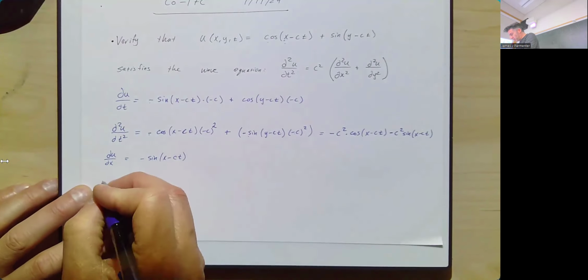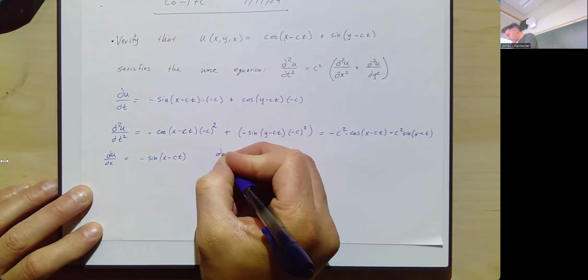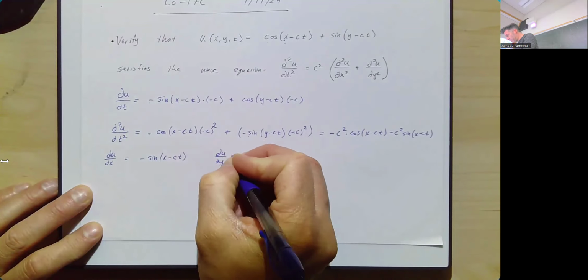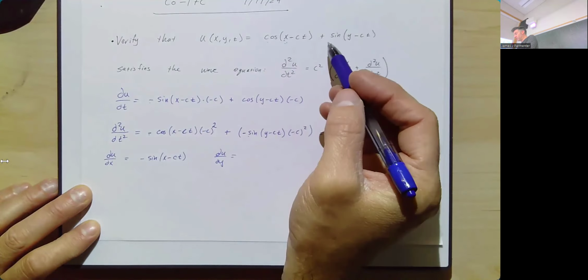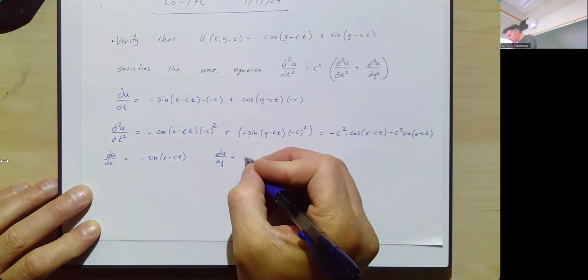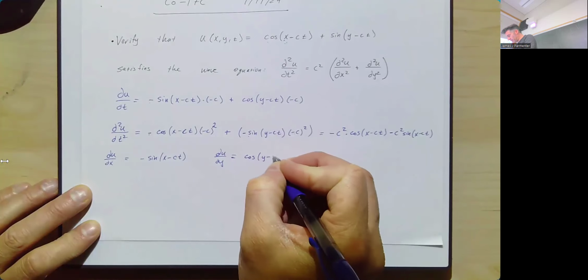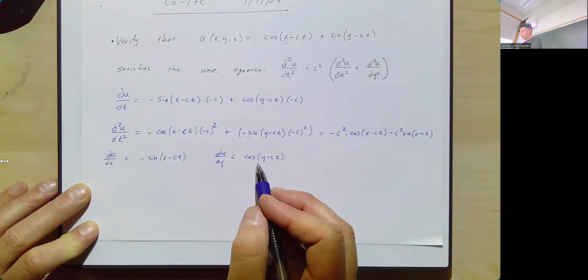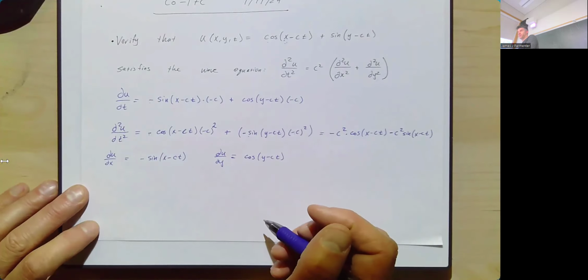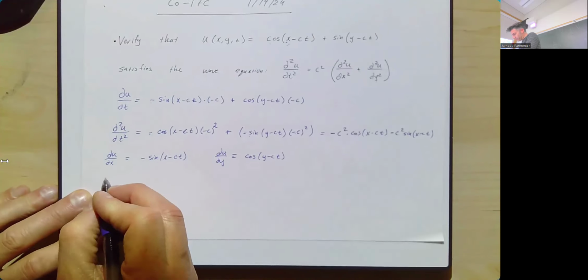And then similarly, let's write it over here. Del u del y is going to be the derivative of that part, because that part doesn't have any y's in it. So the sine of some stuff is going to be cosine of the inside stuff. And then if we multiply by the derivative of the inside with respect to y, we're going to get 1. All right, let's find the second derivatives.